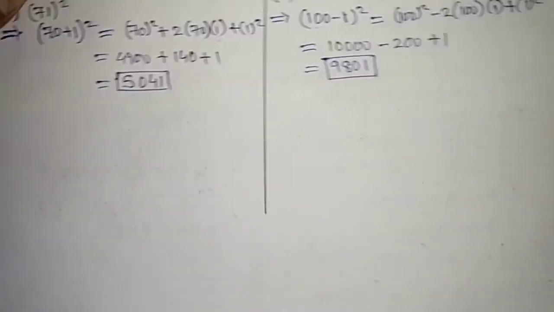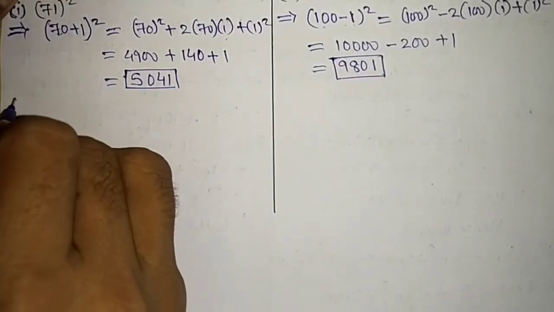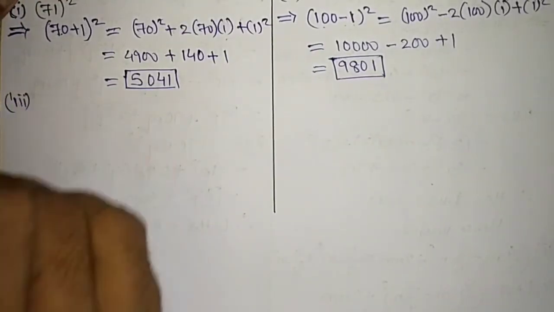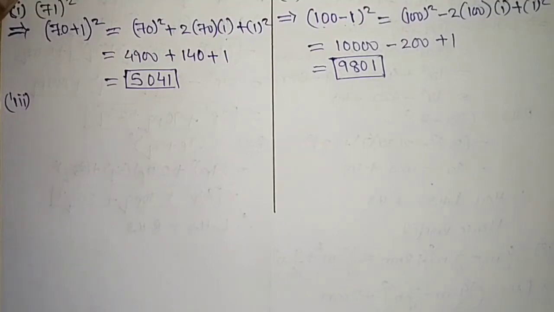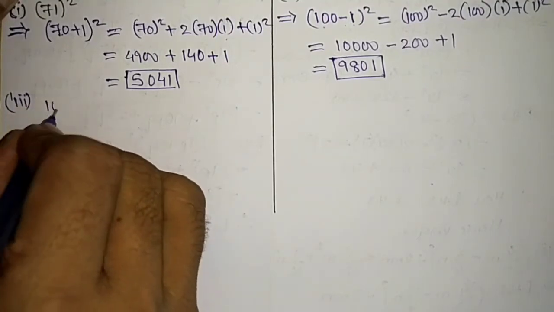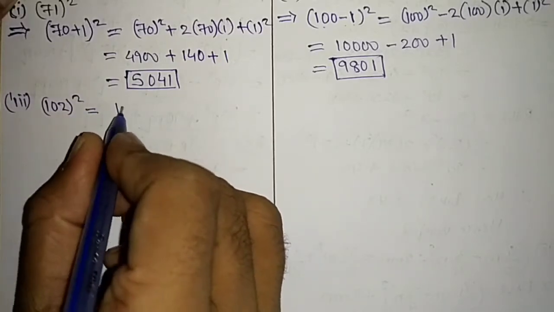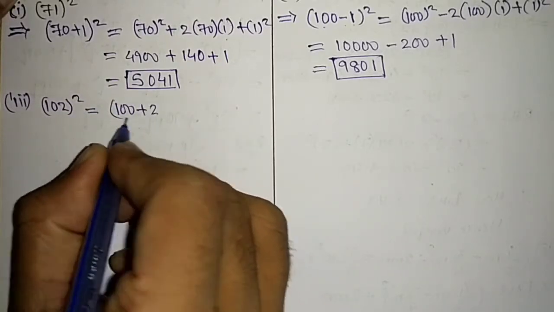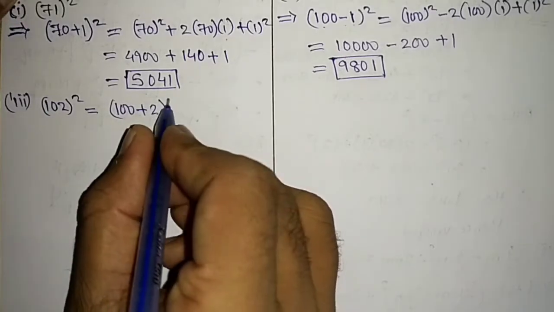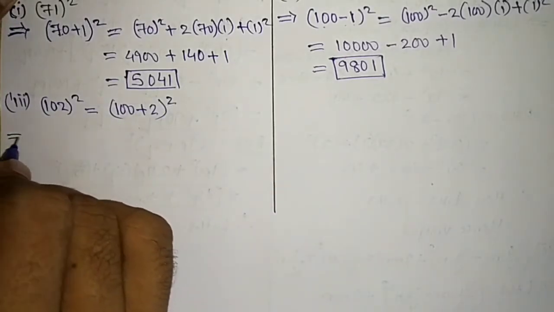Very easy. Moving to the third part. Third part is 102 whole square. That I can write as 100 plus 2, that will give me 102 square.